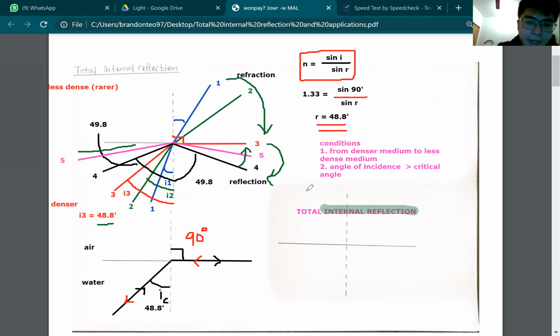Internal reflection means no mirror, reflection without a mirror.